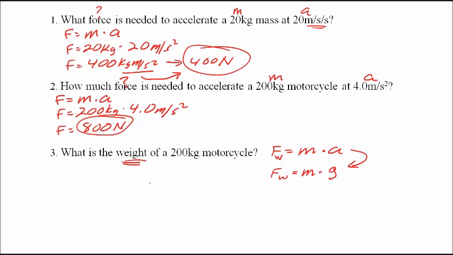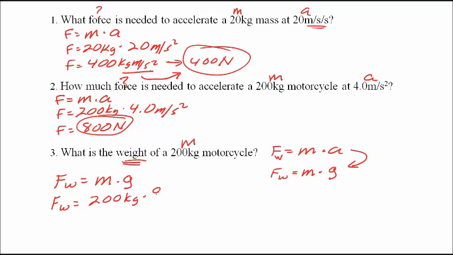So let's go ahead and solve the problem. Force of weight is equal to mass times gravity. Next step, force of weight is equal to the mass, which is 200 kilograms, times the acceleration due to gravity, which is the acceleration that gives this mass its weight, the force of weight.